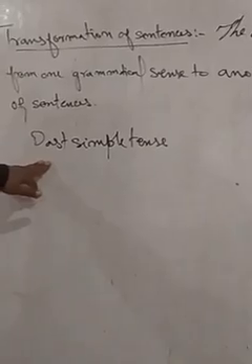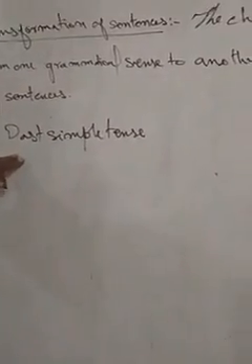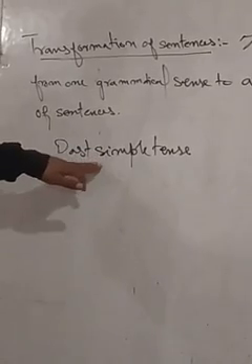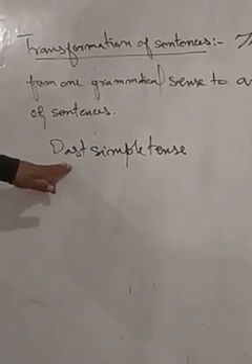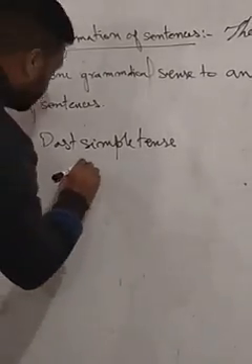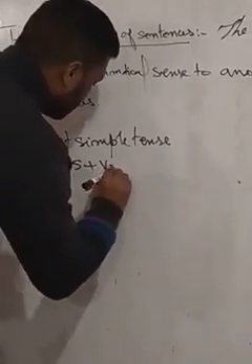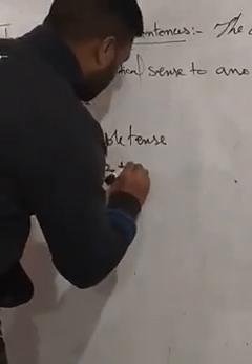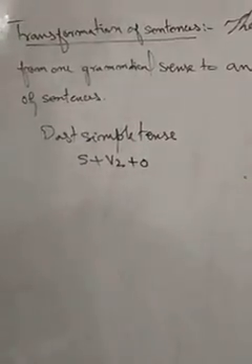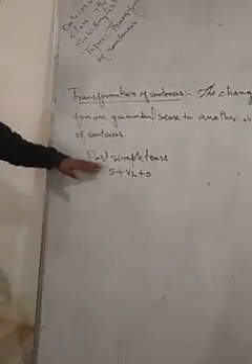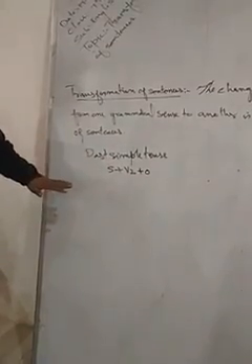We use this tense to talk about an action which took place at some time near or far in the past. So far as the sentence structure is concerned, it is subject plus past form of verb or second form of verb plus object, or other words. This is the sentence structure of the past simple tense.